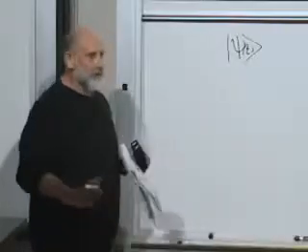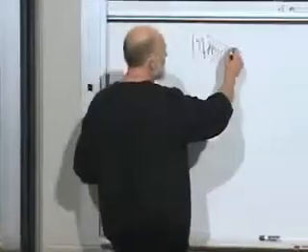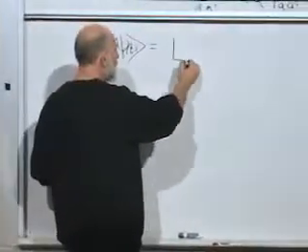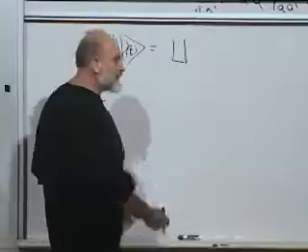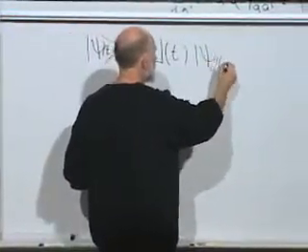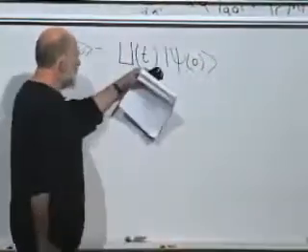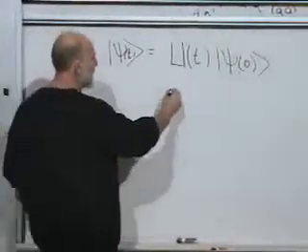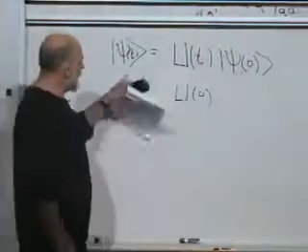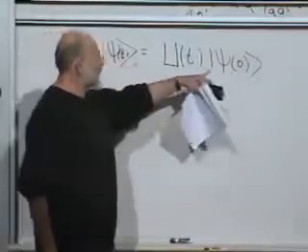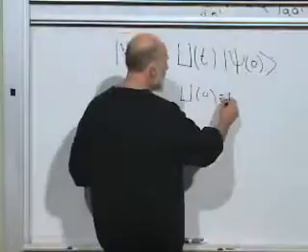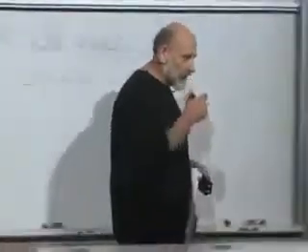This can be summarized very easily by saying that psi of t is always equal to some linear operator, I'm going to call it u, which is a function of time, times psi of 0. What is u of 0? 1. The state psi at time 0 is just equal to the state psi at time equal to 0. So whatever u is, it's equal to 1 when t is equal to 0.